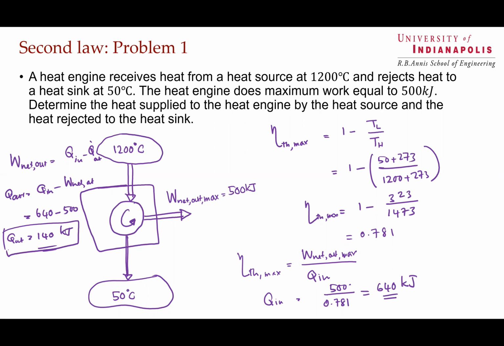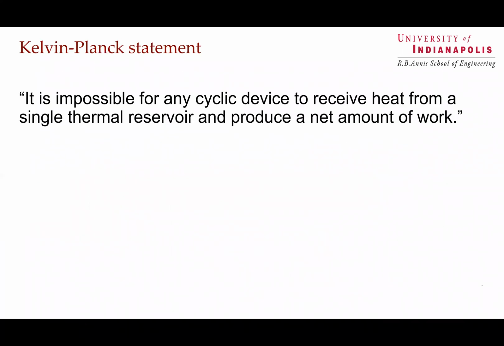Okay, so we got Carnot efficiency. This is called Carnot efficiency. And then there's a statement about the second law of thermodynamics that's called the Kelvin-Planck statement. You saw that there must be a heat sink for a heat engine to generate a net amount of work.